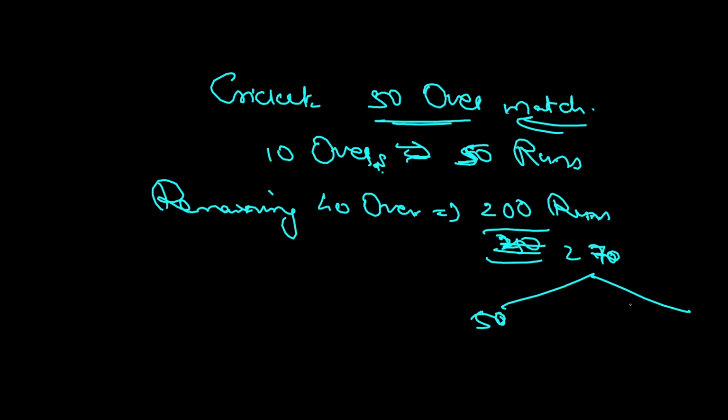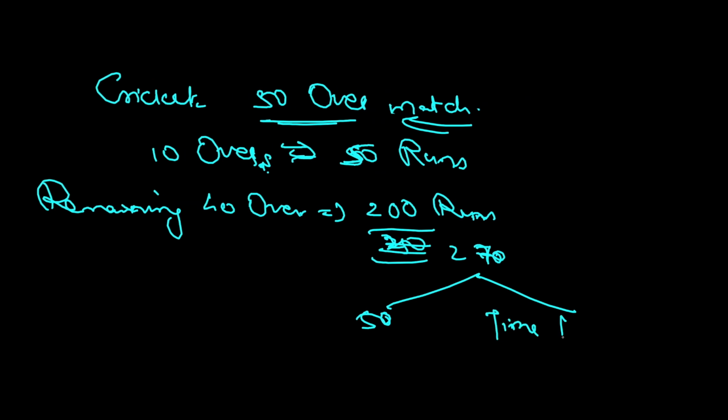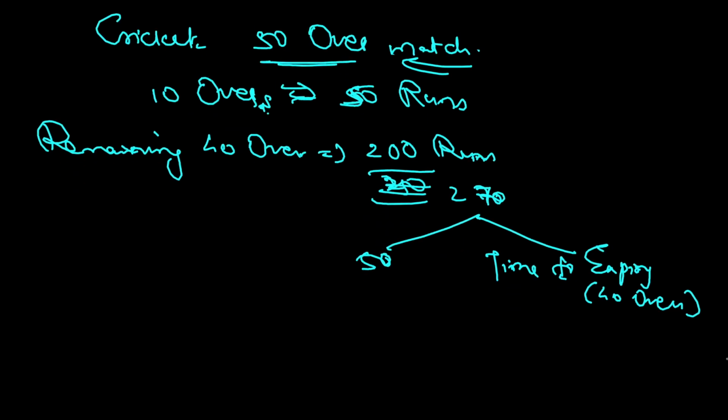When none of the wickets have fallen, that means there is more scope for the batsmen to score more runs. So what are you seeing? You are seeing the time to expire, like how many overs are pending. So time to expire, 40 overs. Then what else will you see?